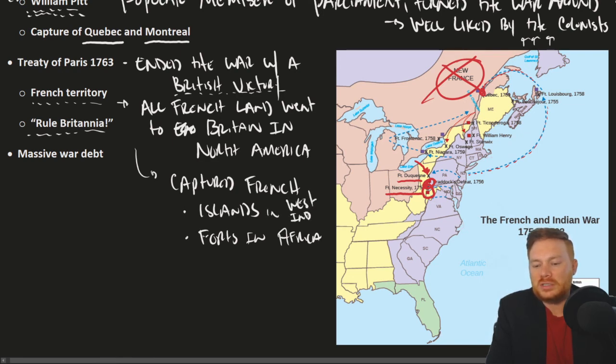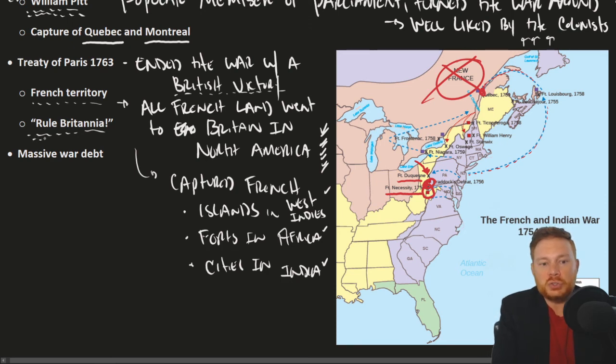West Indies is the Caribbean, and cities in India. So this war was not only a British victory in North America, where all French land went to the British side, but also meant that some islands went to Great Britain, that forts and trading posts in Africa also went to the British, and cities in India.